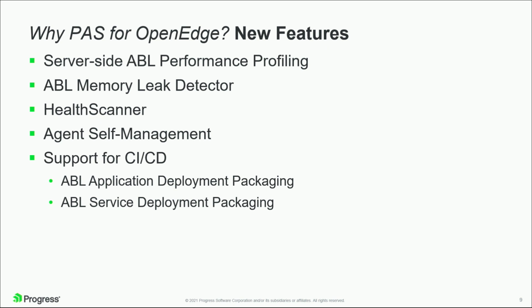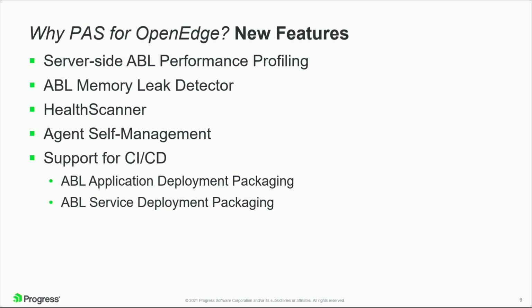There are also some UI tools that hook into the health scanner as well. There's also a newer feature, agent self-management, that decides when and how to allocate sessions on the agents. So it does this automatic scaling, which again helps with resource usage and performance as well.